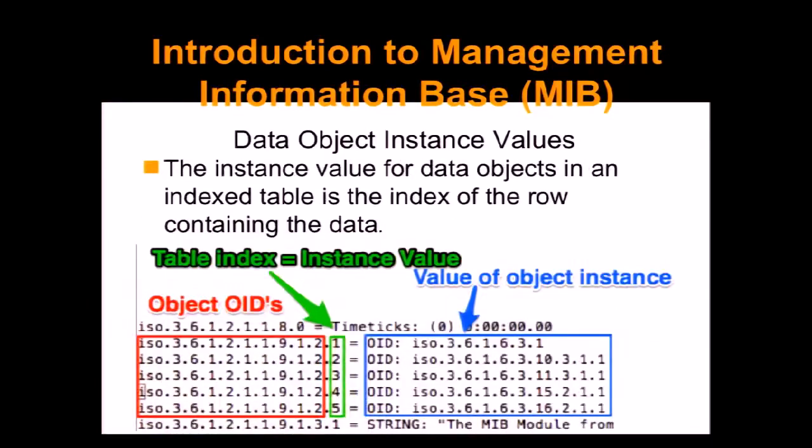Next slide. There's a more complex structure, and this is dealing with table indexing. So instead of having a single value, it's structured in an index structure. The purpose of that is, let's say that we're dealing with things within the device that fall in a standard category, like a network interface card. So you may have the MTU, the TTL, the IP address, and maybe some other key things.